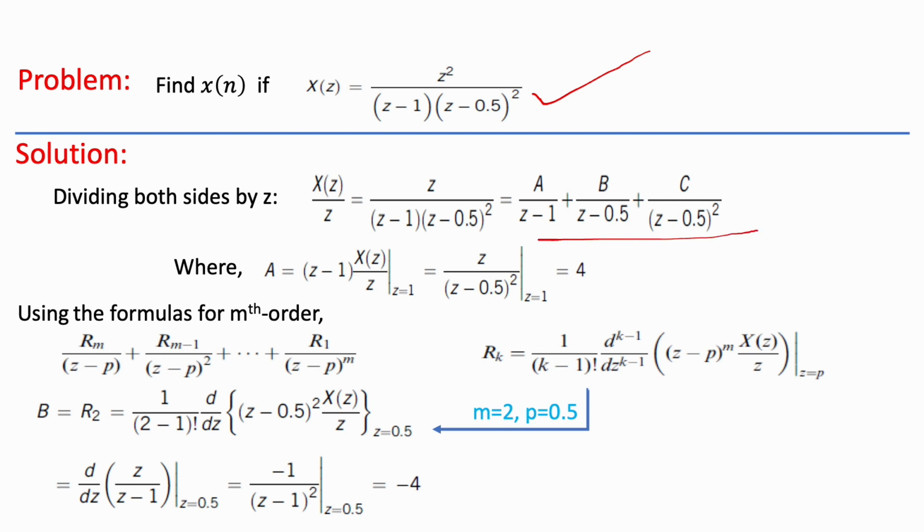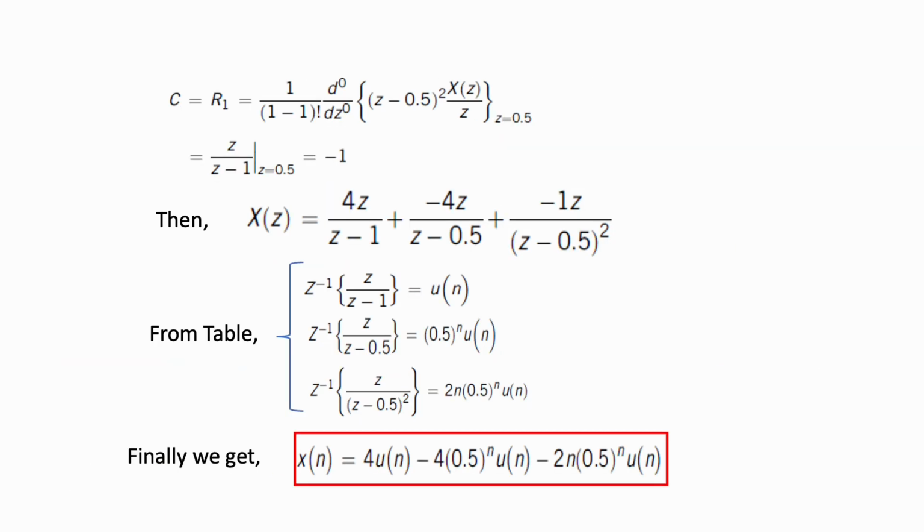Once the partial fraction is applied, you find the constants a, b, c. After getting a, b, c, for the direct poles there is no problem. Whenever we have multiple poles, we will get it like this.